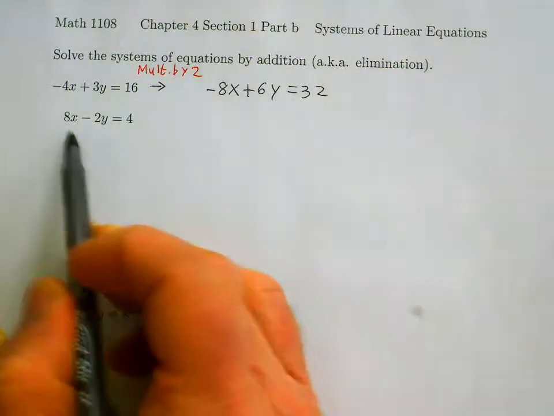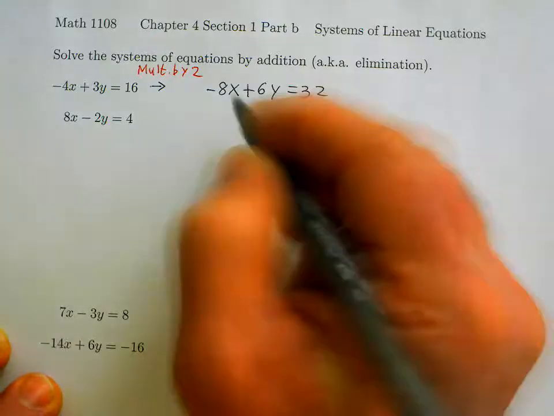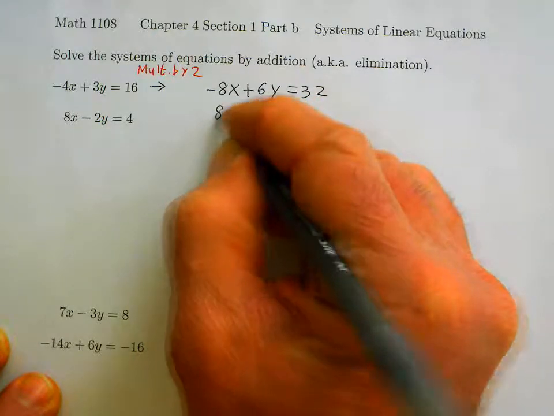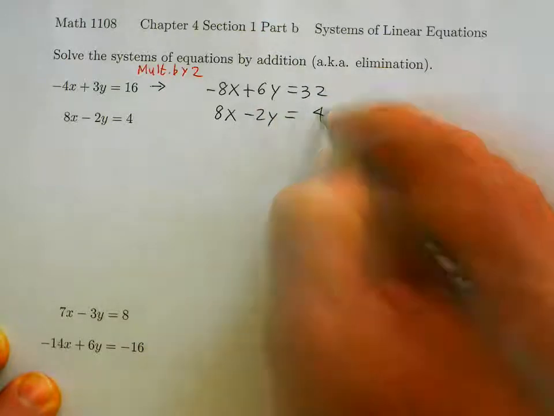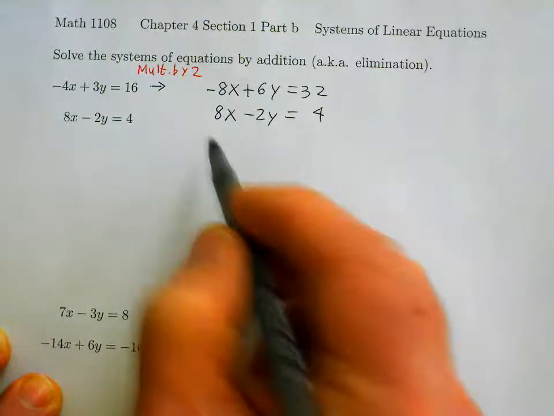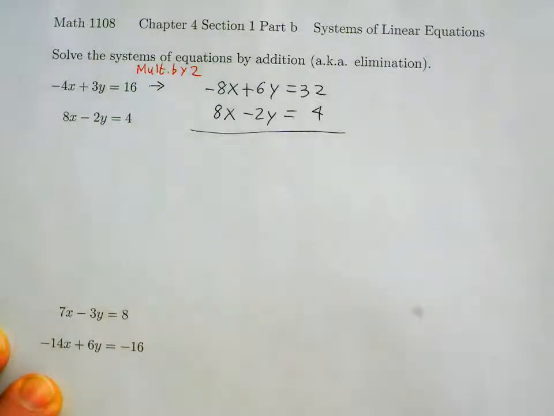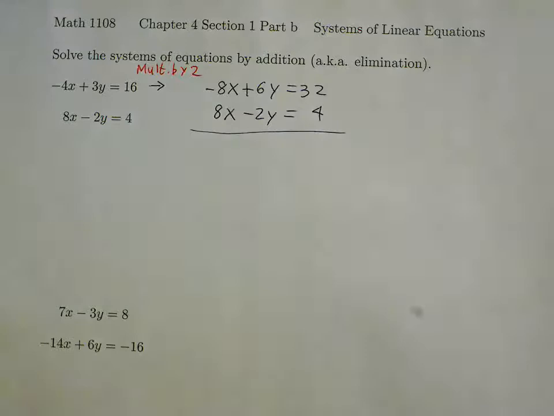And I'm going to leave the bottom equation the way it is. So it's just 8x minus 2y equals 4. And now when I add these two equations, we'll get an elimination. The variable x will be eliminated.